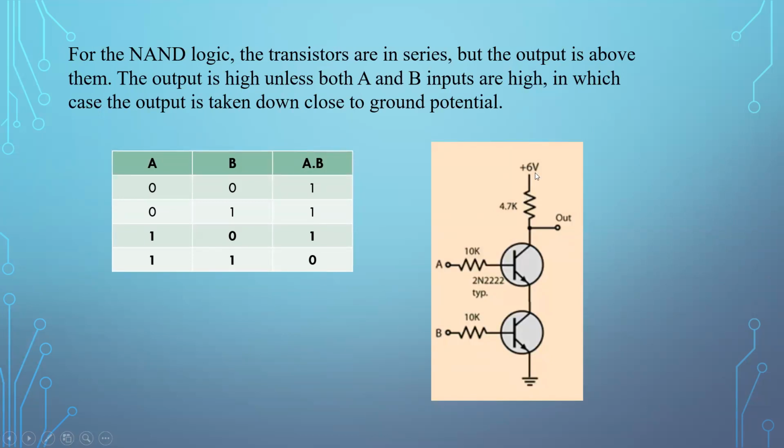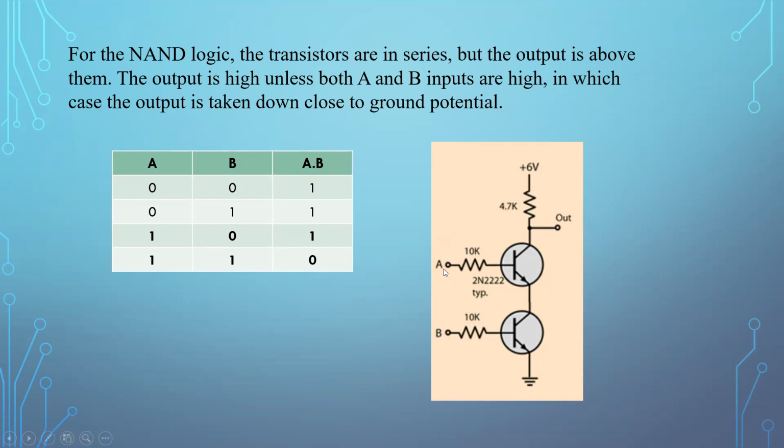NAND is just the opposite of AND, so you get a low output only when both are high. Suppose this is 1 and this is 0, then current cannot flow through this one.